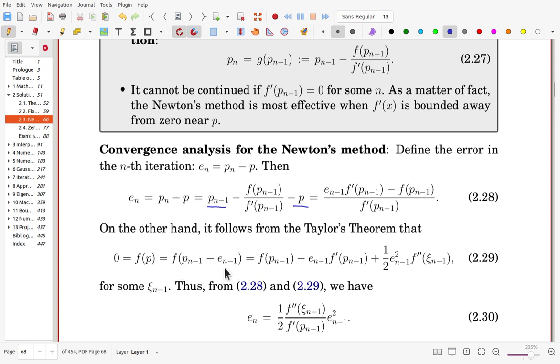That is this one with n minus 1. Now we expand this with Taylor's theorem: f of Pn minus 1, with perturbation minus En minus 1, f prime at Pn minus 1, and here the second order term.